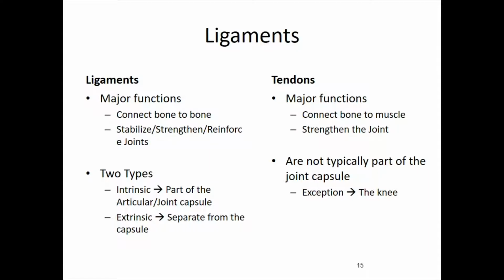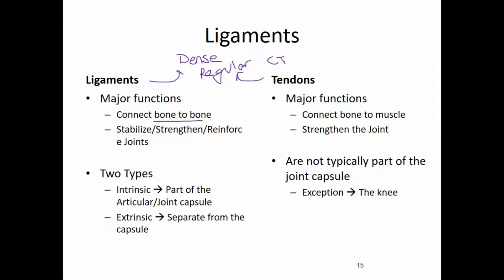Ligaments, again, ligaments and tendons, they are both made up of the same type of tissue. So that is the dense, regular connective tissue of the connective tissue proper. Okay. We define them differently. Ligaments are bone to bone.